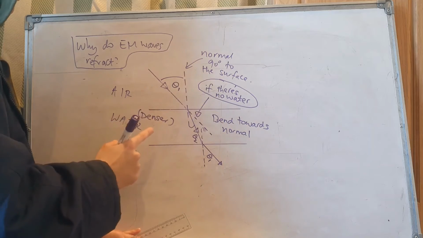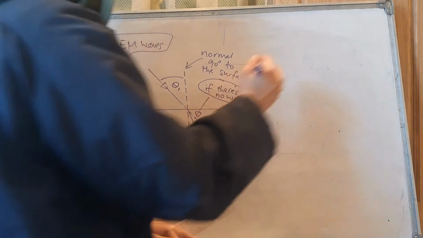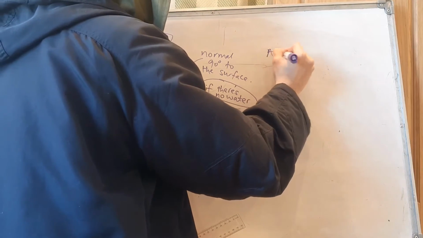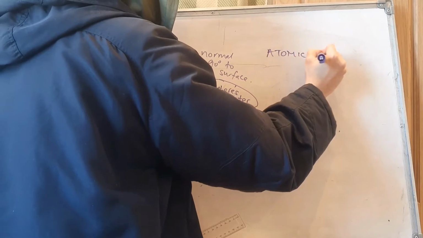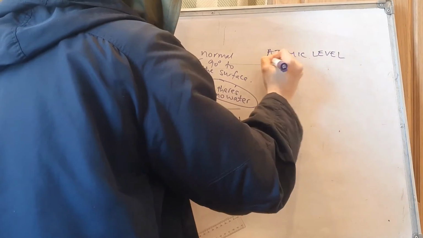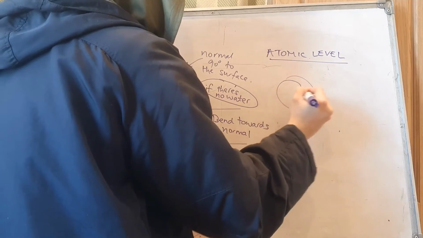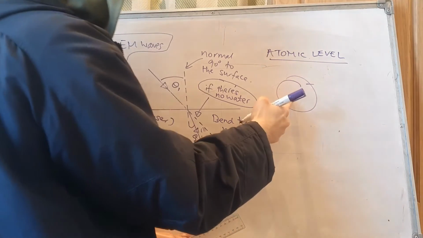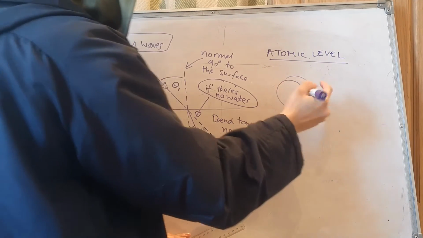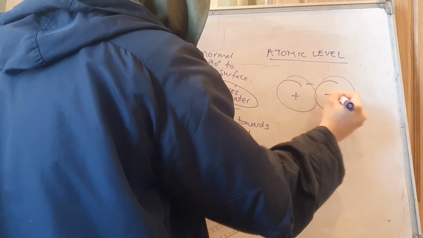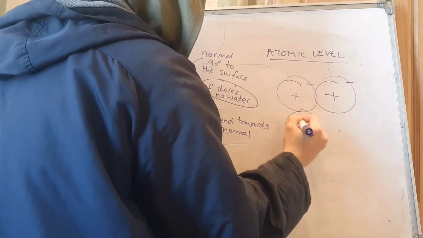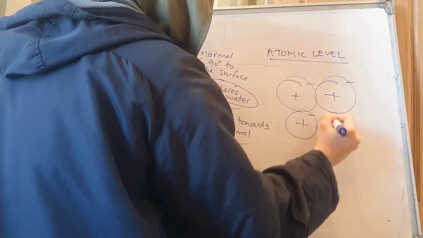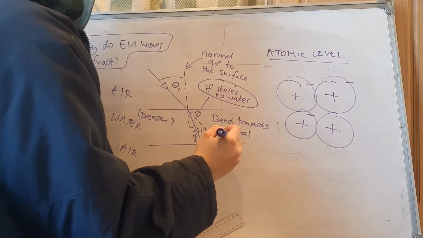All right, so why does it do this? Right, so we need to look at the atomic level. So this is the atomic level. Here you've got protons in the nucleus and neutrons, and you've got electrons. Now you've got a light ray going in.